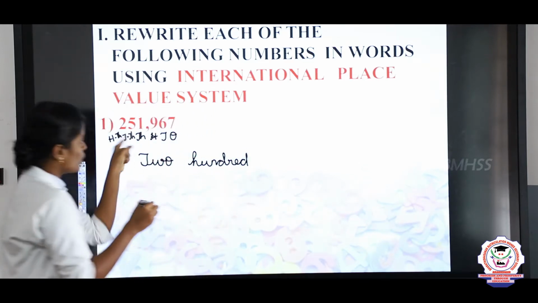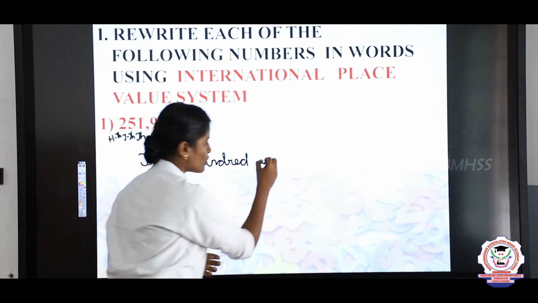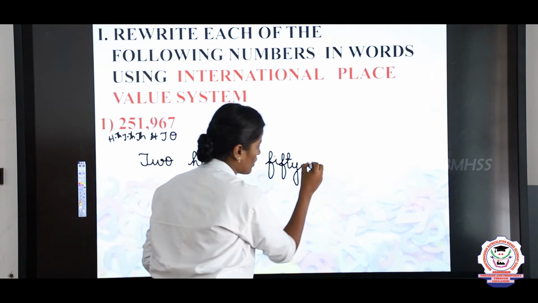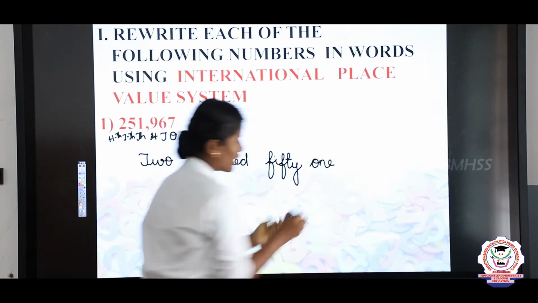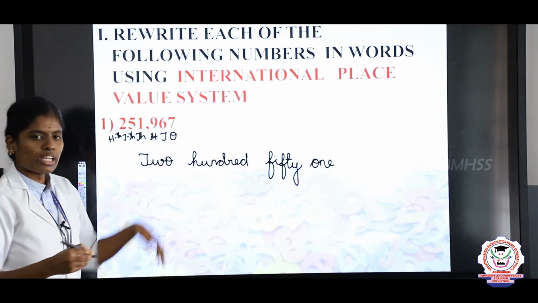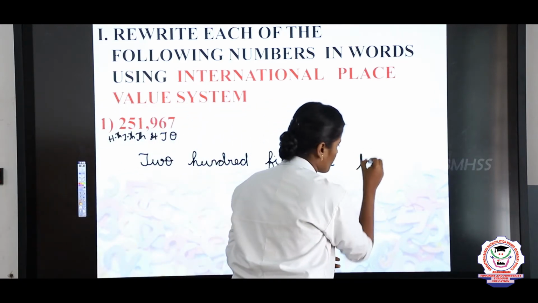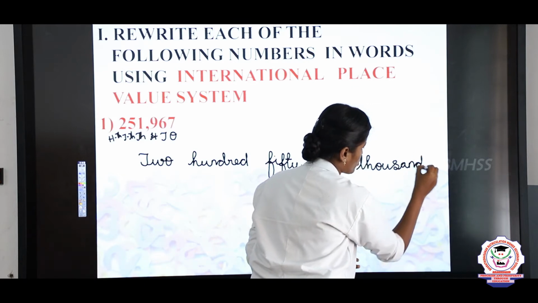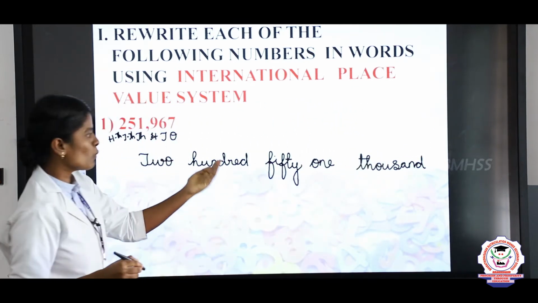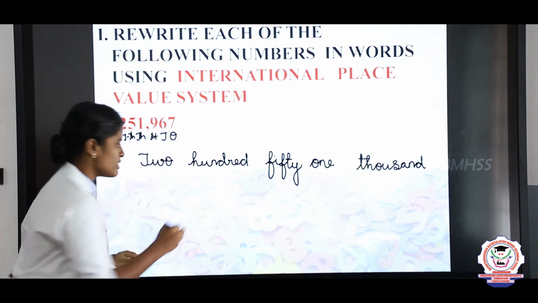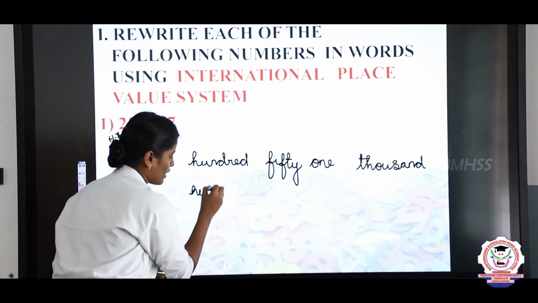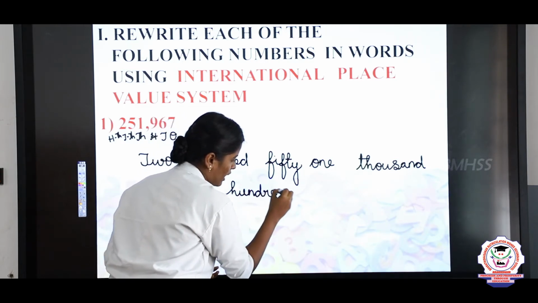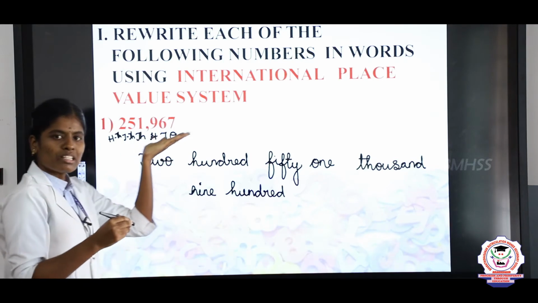Then 251,000: take FIFTY, ONE, and 51,000, THOUSAND. Then 967: NINE HUNDRED. The final number is 67.